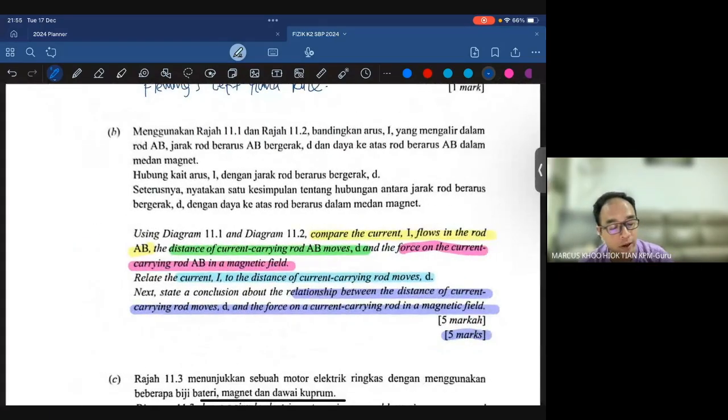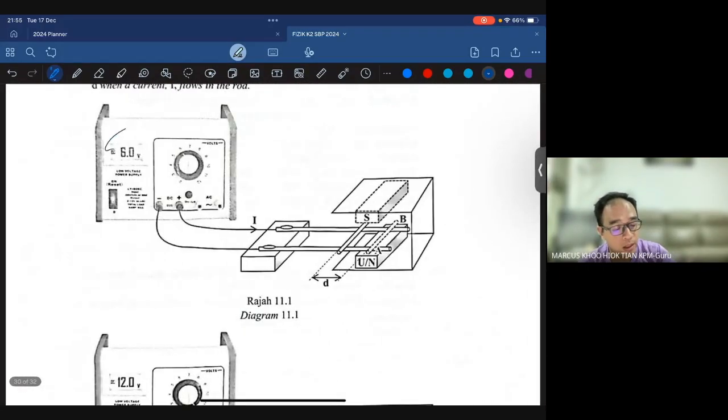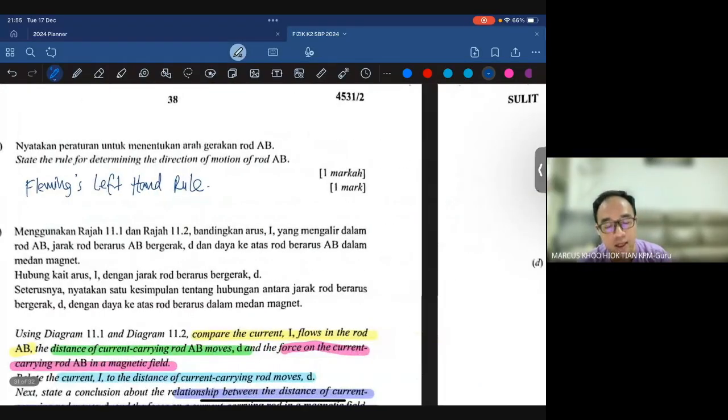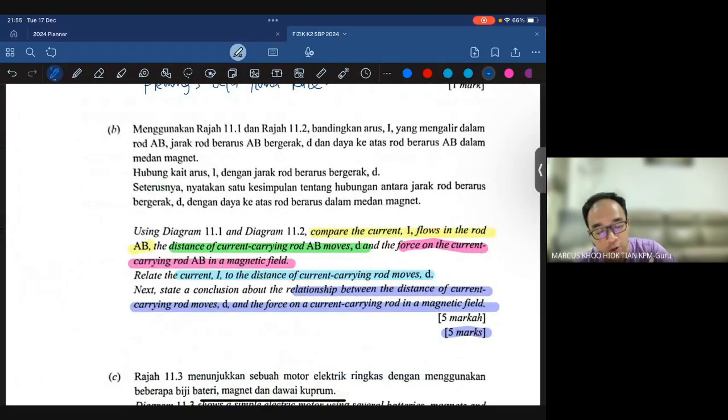Okay, compare the current. If you take a look at this, one is 6 volts and one is 12 volts. I know it's voltage, but logically, if there's a bigger voltage, there's going to be a bigger current. So 11.1 is smaller than 11.2. Just to remind you, in essay questions like this, make sure you write your answer like this: current, diagram 11.1 is smaller than 11.2.